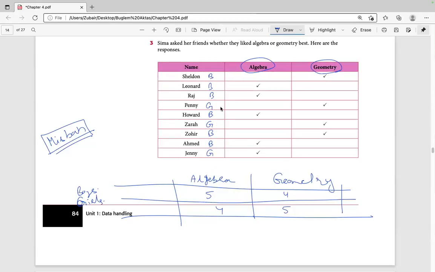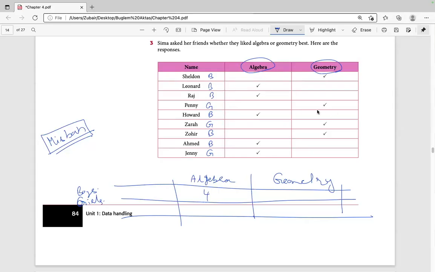So if we work out these, how many boys like algebra? Boy 1, boy 2, boy 3, boy 4. So 4 boys like algebra. How many boys like geometry?